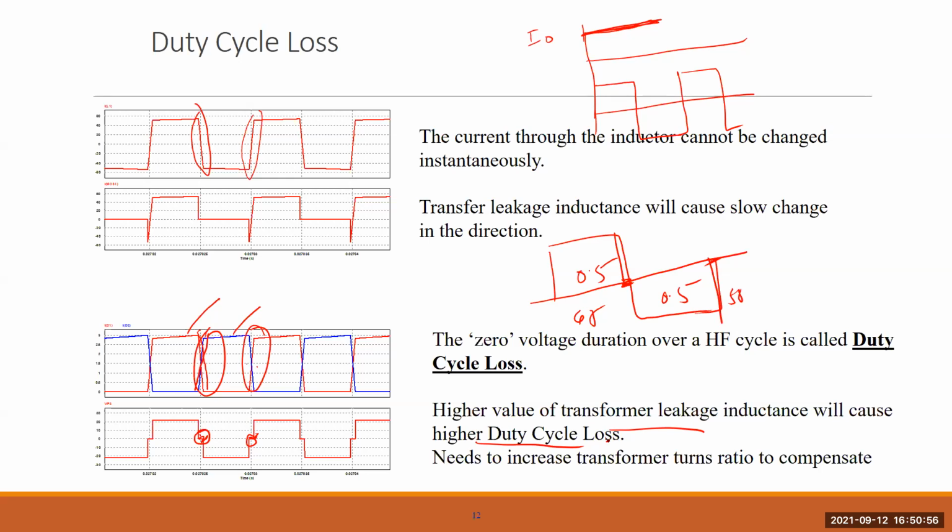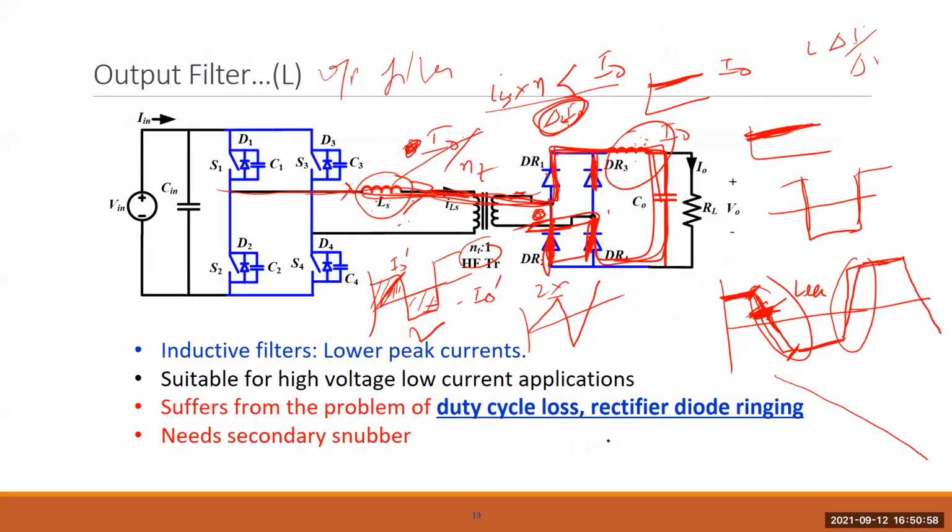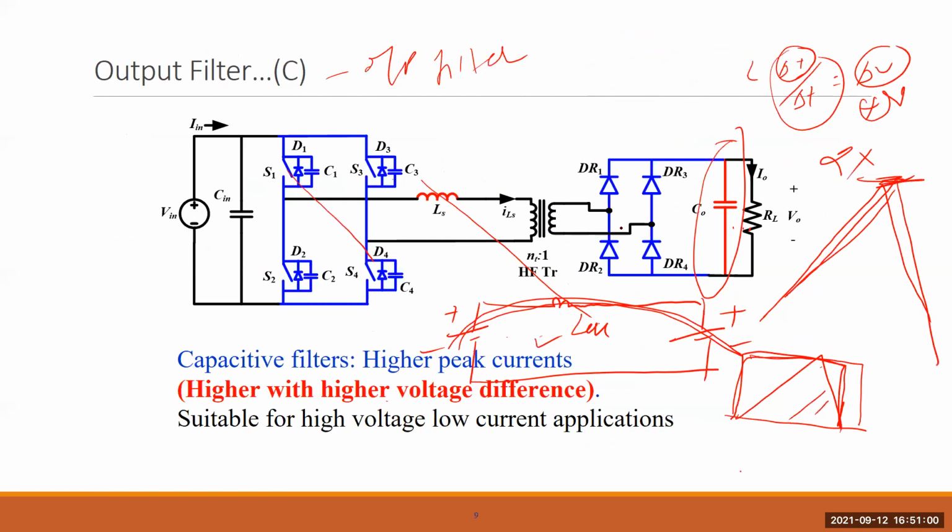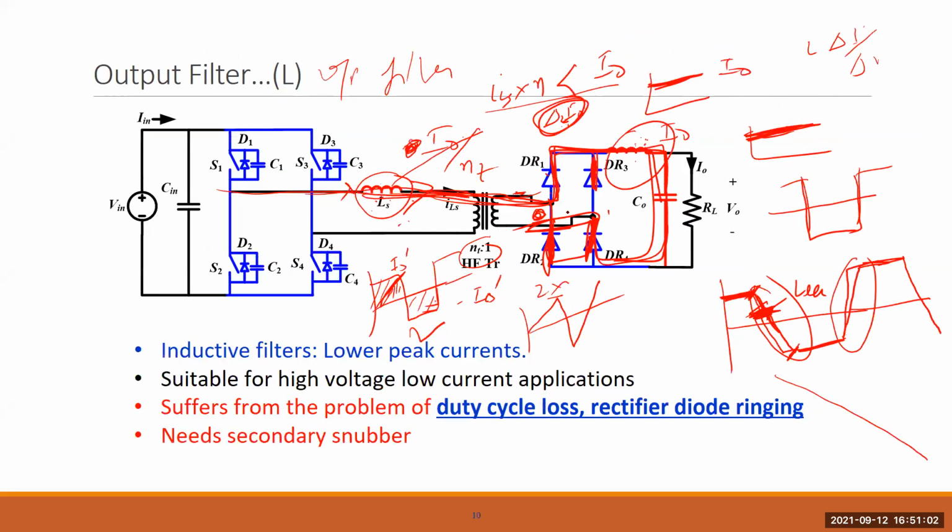Then, to get the same output voltage, because you are shorting the secondary for some time, your output voltage is reduced. It is V in multiplied by N, so it is N V in and then 0, then N V in and then 0. If this 0 period is increasing, then your output voltage is decreasing.